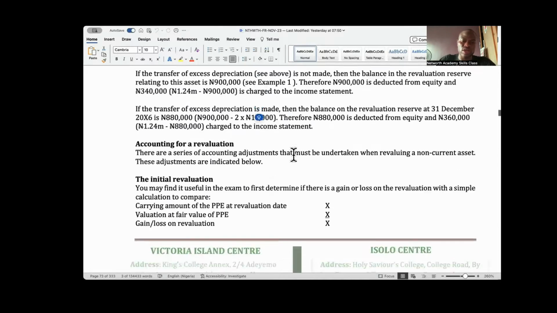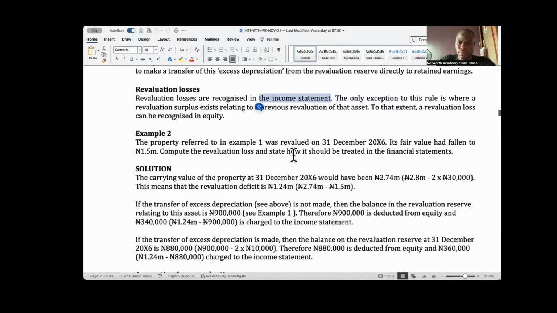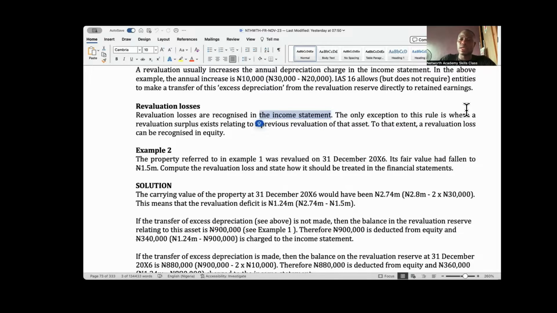Revaluation loss is recognized in the income statement. And just like I explained in revaluation surplus, the only time a revaluation loss will not be recognized in the income statement is if there's a previous revaluation surplus.